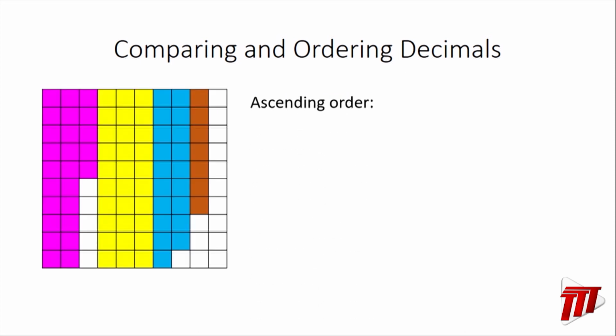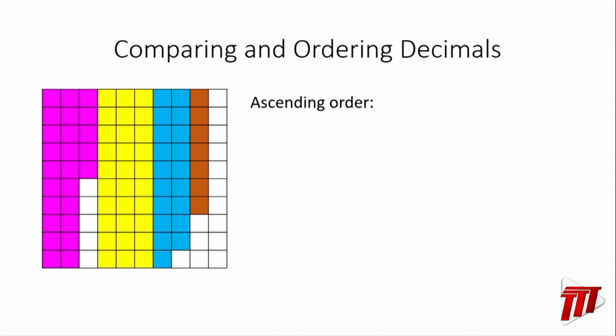So, ascending order. Remember that ascending order simply means that we are going to start with the smallest value and progress upwards to the largest value. Which value represents the smallest value?